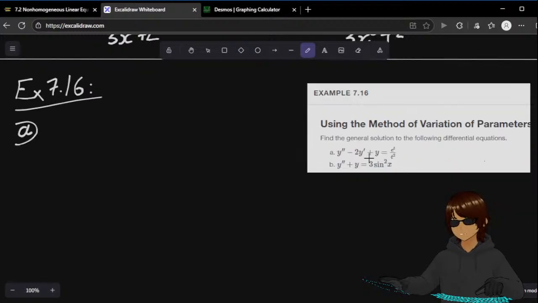So we have this equation. Find the general solution to the following differential equation. Okay.